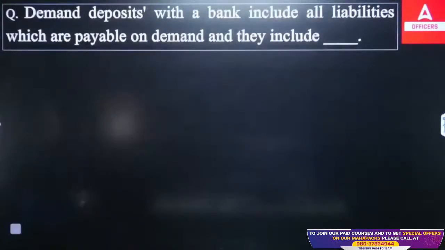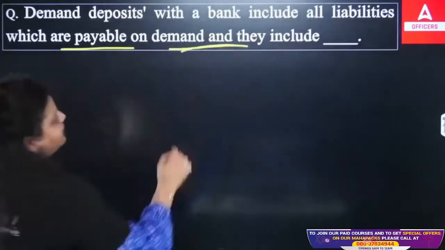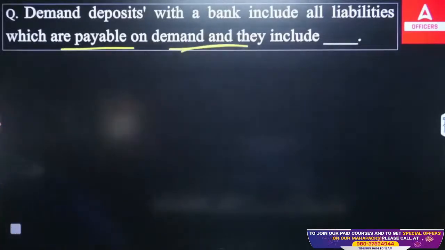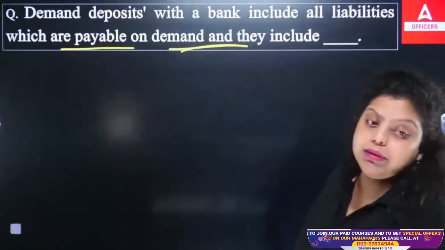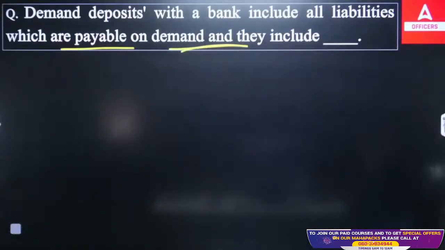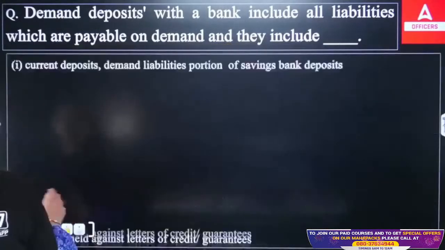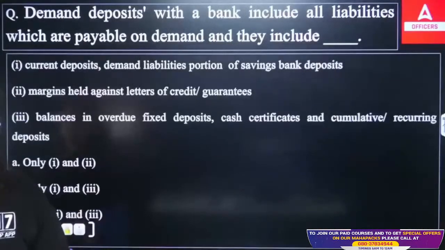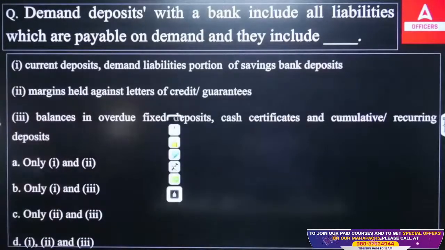Demand deposit with a bank includes all liabilities which are payable on demand, and they include dash. The demand deposit with a bank includes all the liabilities which are payable on demand. Options are these; let me know which will be included here.